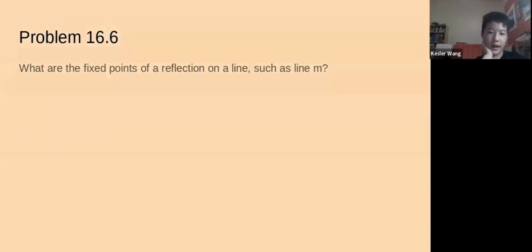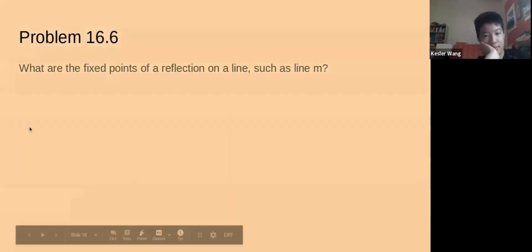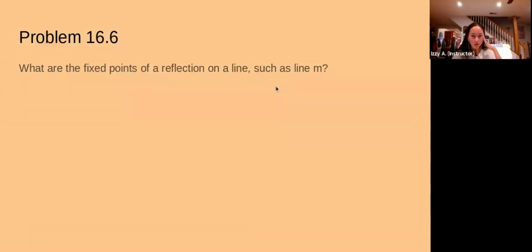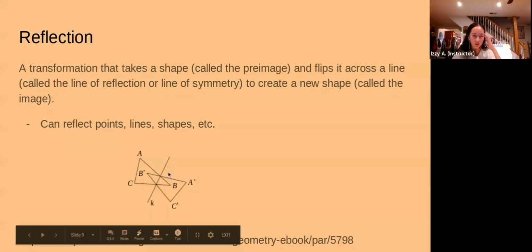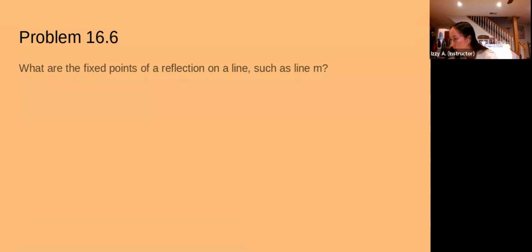I don't see any shape. Yeah, so just imagine. What are the fixed points of a reflection on a line, such as line M? I guess the past example doesn't give us a good image.